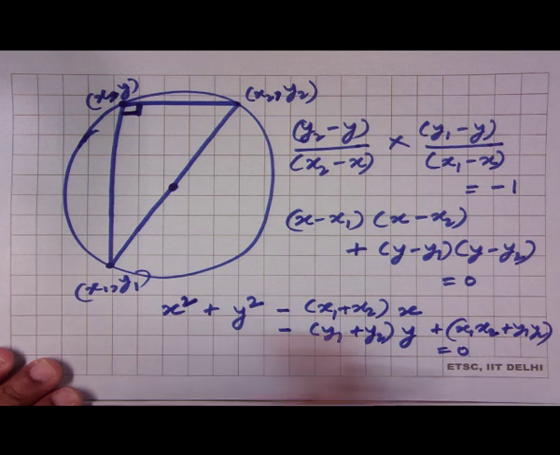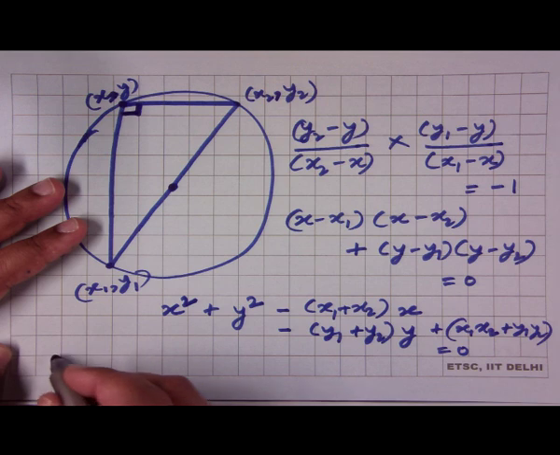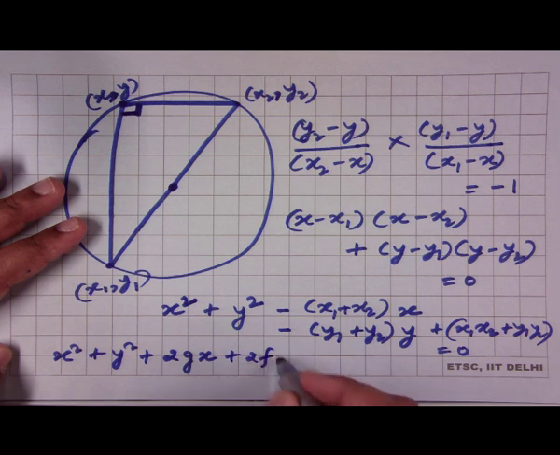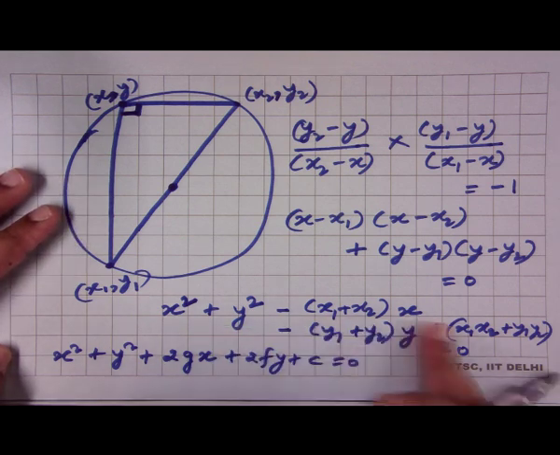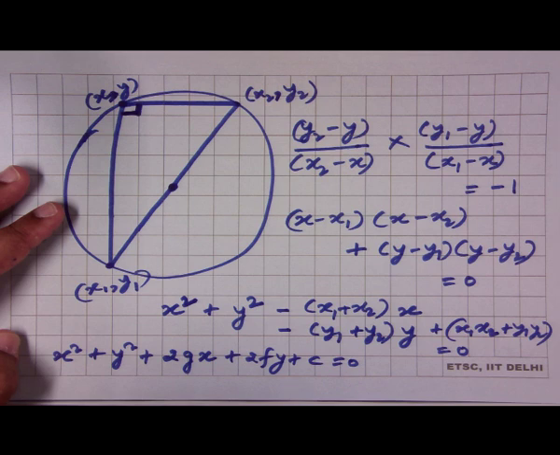And this is exactly in the general form of a circle, which was x square plus y square plus 2gx plus 2fy plus c equals 0. By looking at it, we can also find out the coordinates of the center and the radius of the circle.